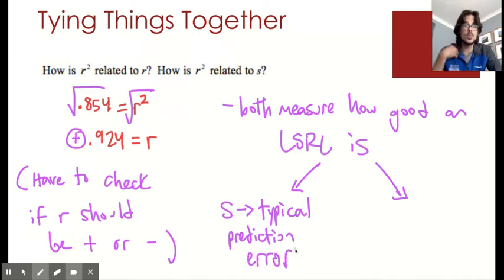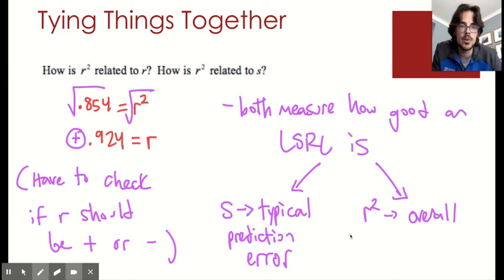S tells you, for an average point, if I'm just a random point, how far am I supposed to be from my line of best fit? So it gives you more information about the individual data points, and that's helpful in that sense. R squared is more of a holistic overall measure: it's the overall variation in y that's accounted for.